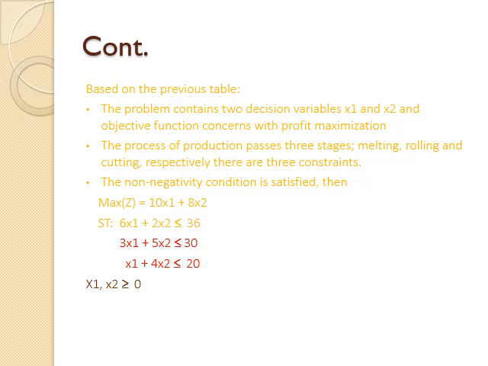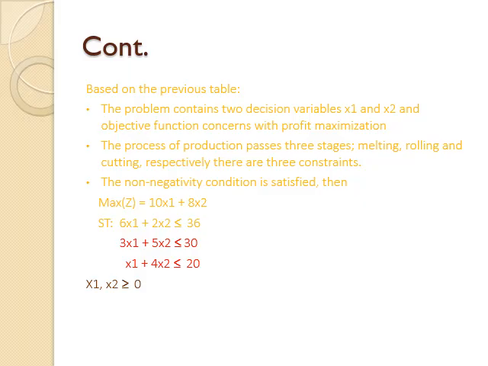The constraints should be three: one for melting, second for rolling, and the last for cutting. 6x1 plus 2x2 less or equal 36.